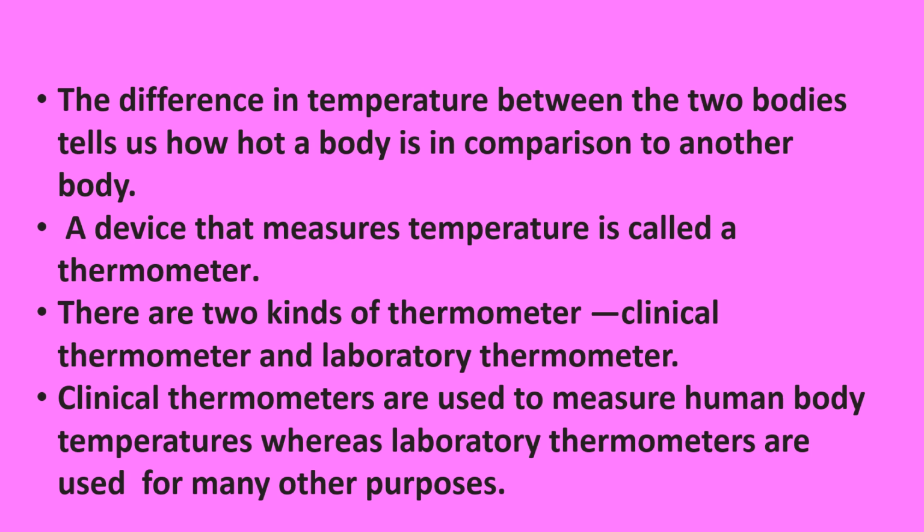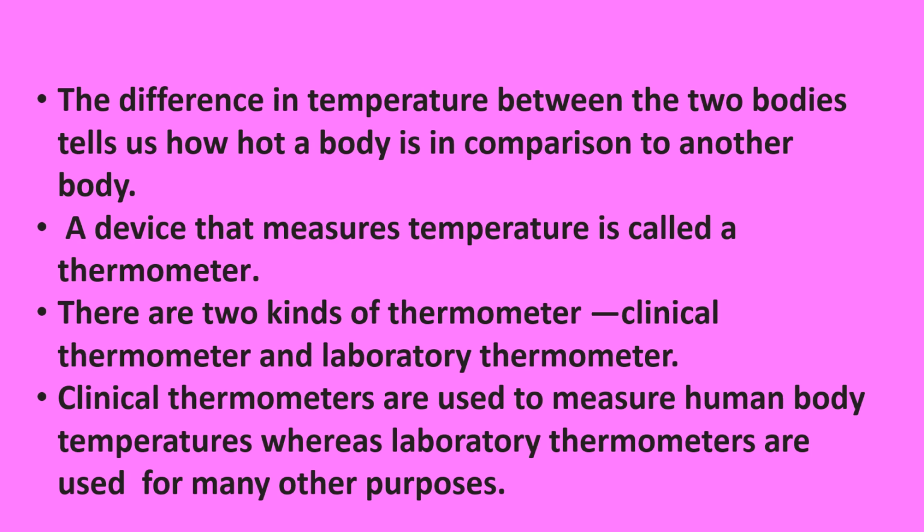A device that measures temperature is called thermometer. So definition of thermometer is a device that measures temperature. In this lesson we have read about two kinds of thermometer, that is clinical thermometer and laboratory thermometer.